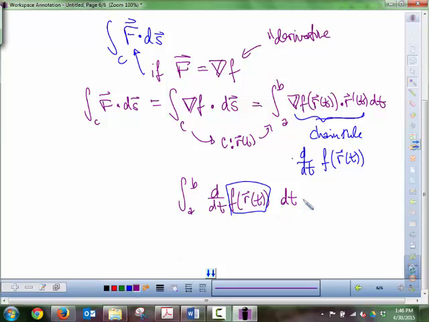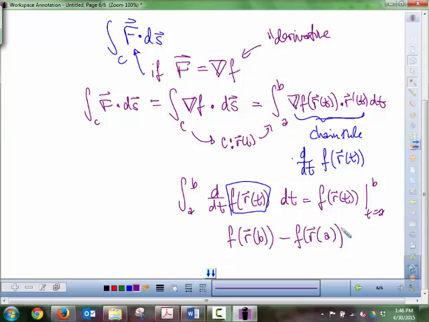So this should equal f of r of t evaluated at the endpoints. Let's see. F of r of b minus f of r of a. Right?